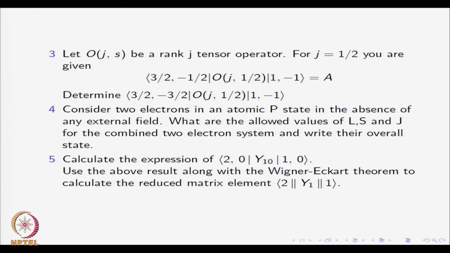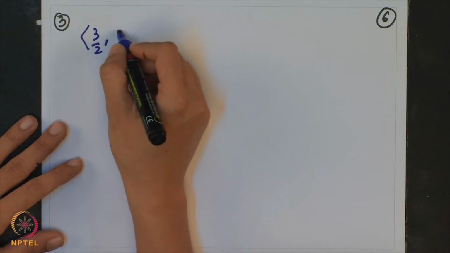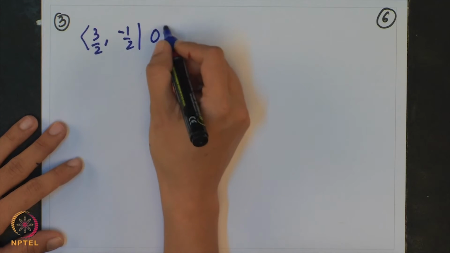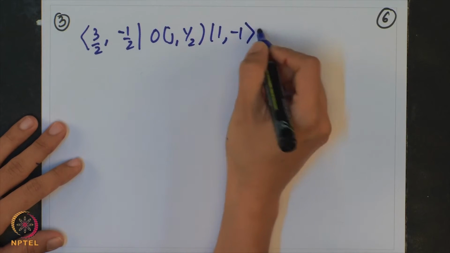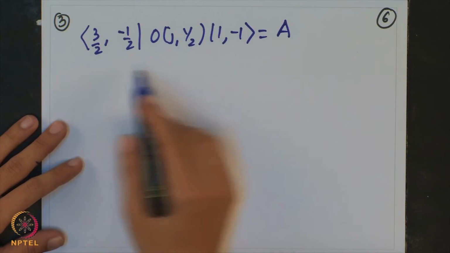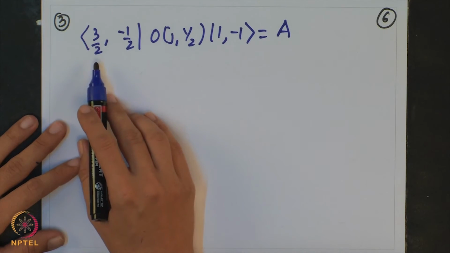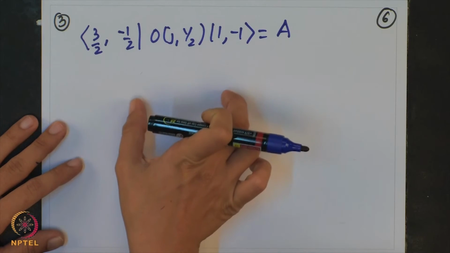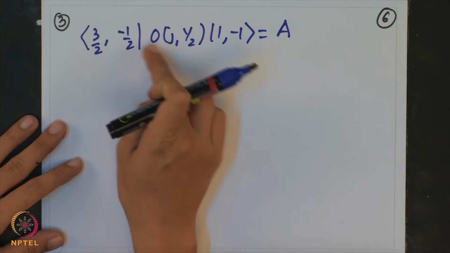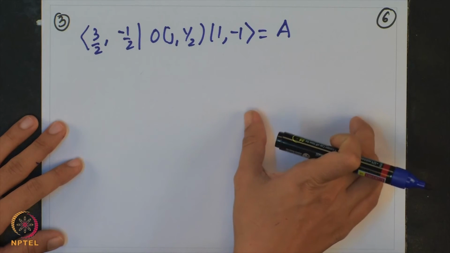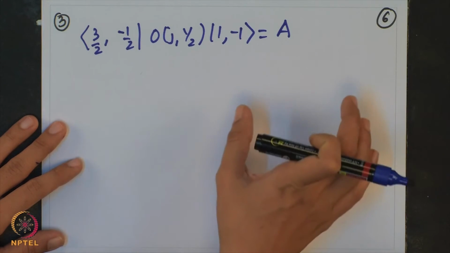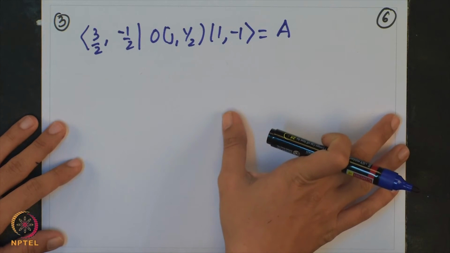Here also you will use the Wigner-Eckart theorem. So, ⟨3 by 2, minus half| J |half, half⟩ is A. This you will write in terms of the Wigner-Eckart theorem. You will have the reduced matrix element term with the operator J, and another term where you will have a Clebsch-Gordan coefficient. And now you have mastered how to calculate Clebsch-Gordan coefficients.